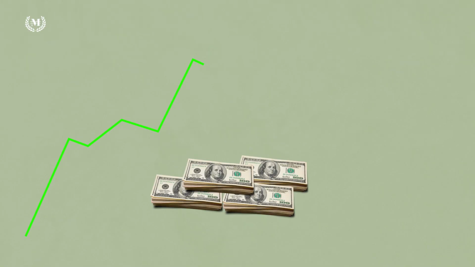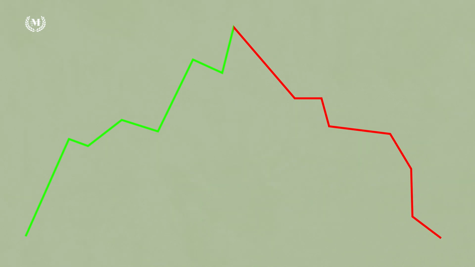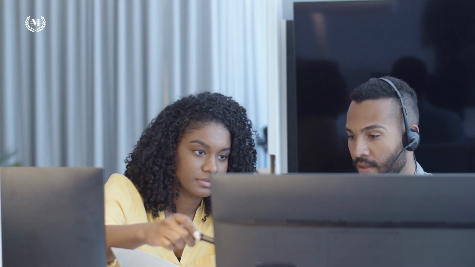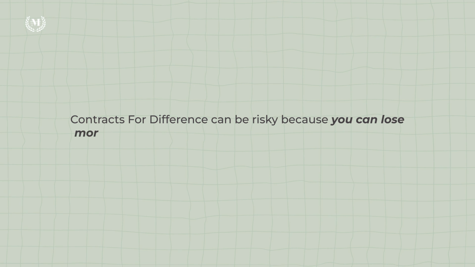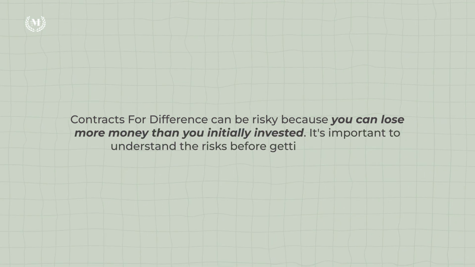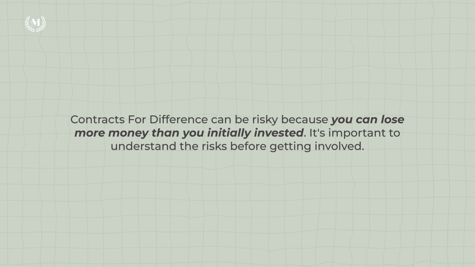If the price goes up, you make money. If the price goes down, you lose money. It's like betting on a horse race, but instead of horses, you're betting on stock prices. Contracts for difference can be risky because you can lose more money than you initially invested. It's important to understand the risks before getting involved.